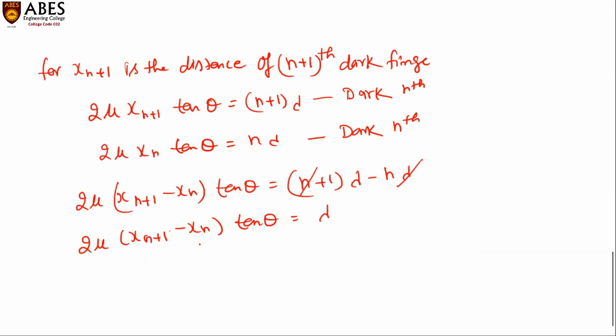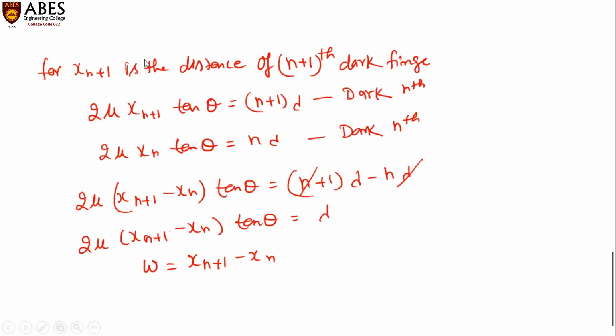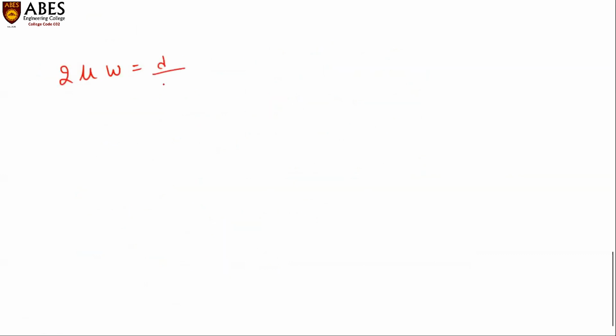The distance between two successive fringes is known as the fringe width, and if we represent the fringe width with omega, then omega is equal to xn plus 1 minus xn, which is lambda by 2 mu tan theta.